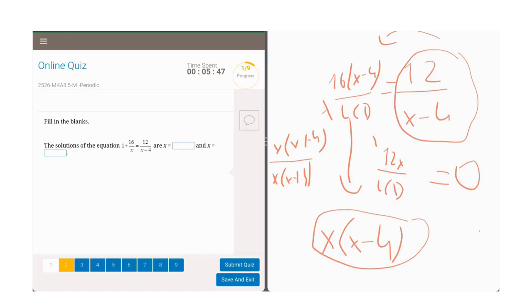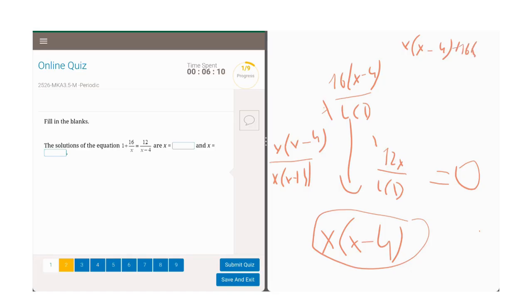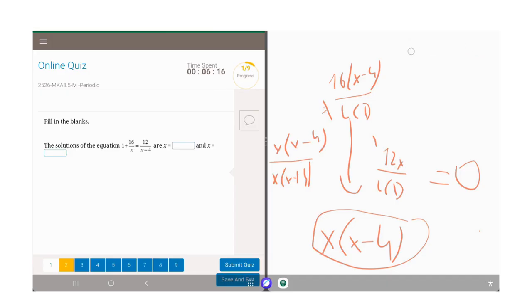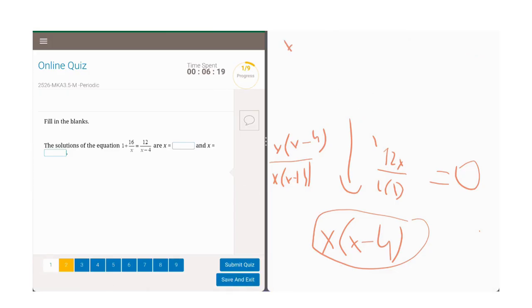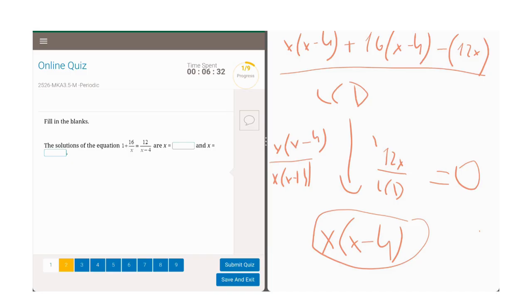So once we write it in full, x into x minus 4, plus 16 into x minus 4, minus 12x, all over the LCD. This all is equal to 0.